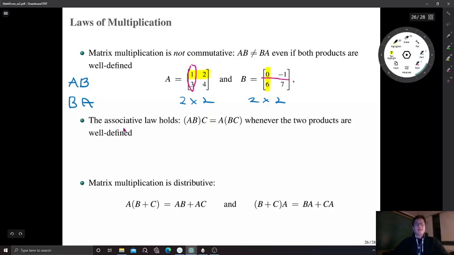But surprisingly, the associative law holds. Regardless of which pair we take and multiply, we have the same outcome. If we first take AB, multiply them, and then multiply by C, that's the same as taking BC first and then multiplying by A. That is not straightforward.